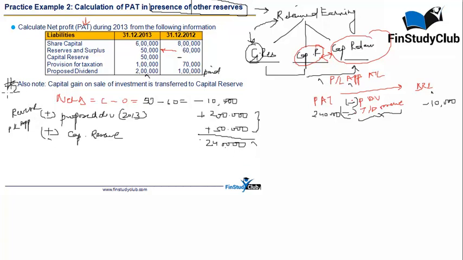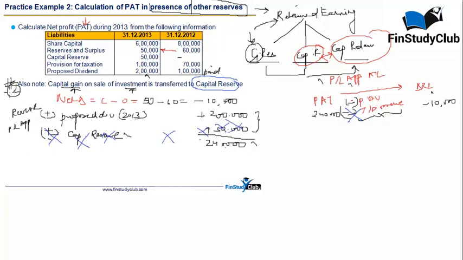Let's talk about the second part here, which says the capital gain on sale of investment is transferred to capital reserve. Now this is very critical. Like I said, there are specific reserves to which the amount is transferred from P&L appropriation account. In this case, I had added back. However, if there is another reason for the same, for example, sale of investment, which has funded this reserve, that means P&L appropriation did not transfer any amount from its bucket to this capital reserve, as a result of which I will not add it back.